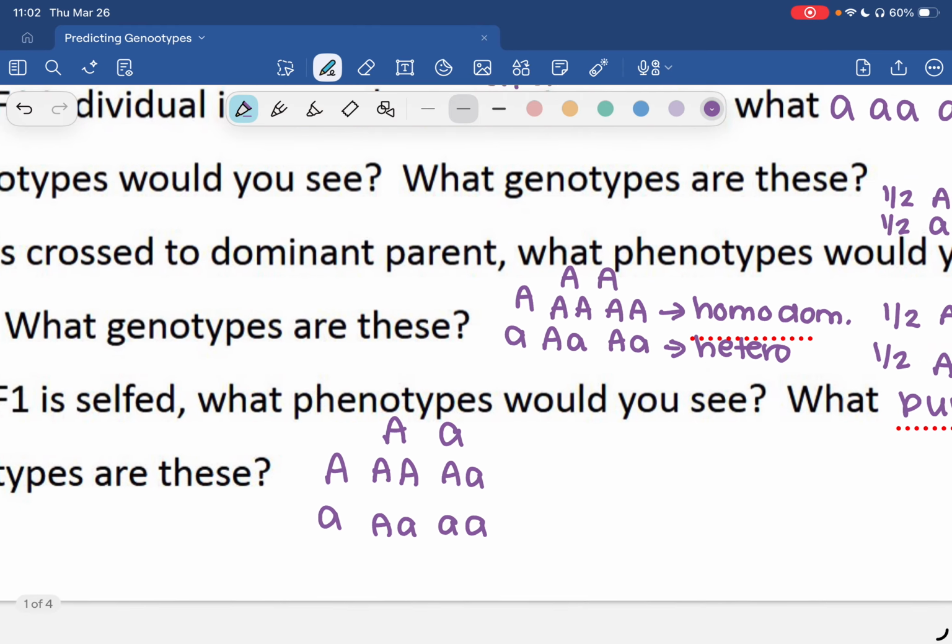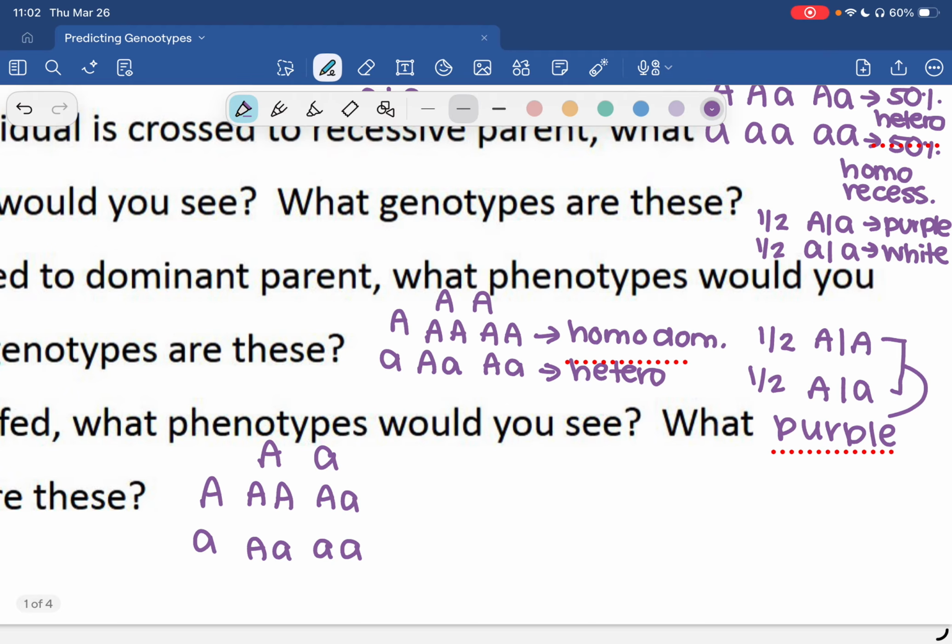And this is where you get your unique 1 to 2 to 1 genotype, but a 3 to 1 phenotype when you cross two heterozygous individuals.